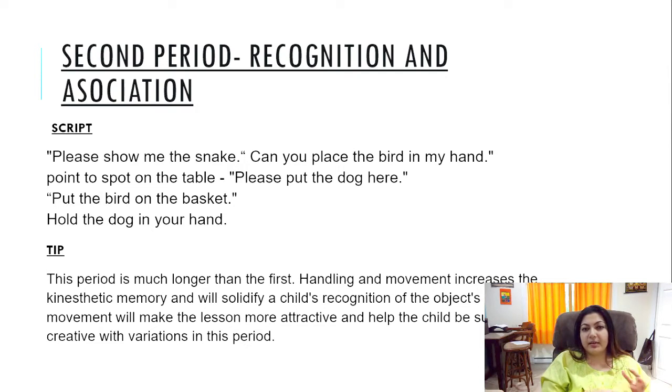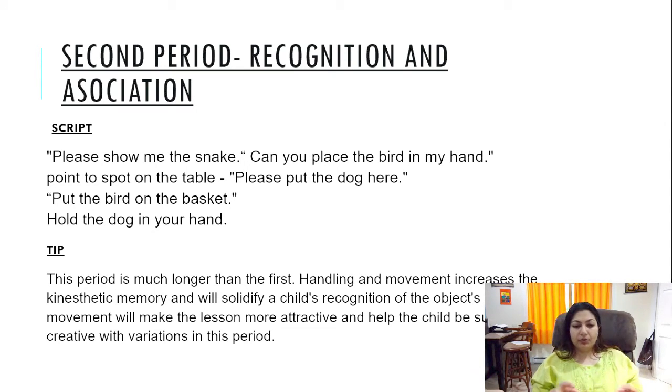So basically it comes with a position to place in, and it tells you if the child can associate and recognize what you have taught in the first period. This period goes much longer than the first one, and handling and movement increases kinesthetic memory and will solidify a child's recognition of the object's name.